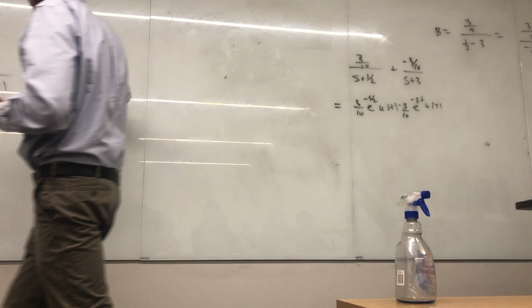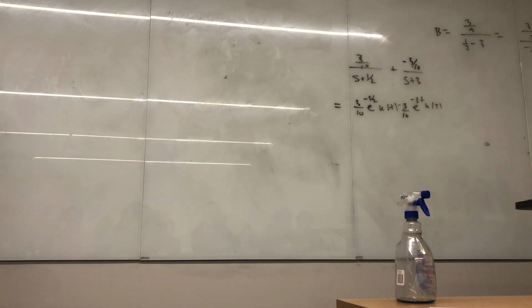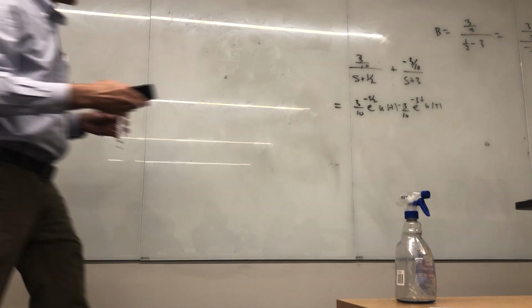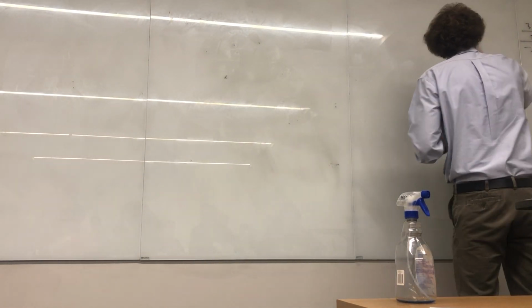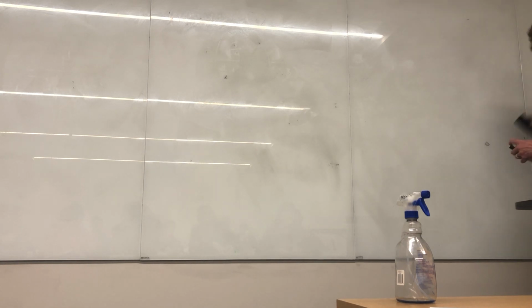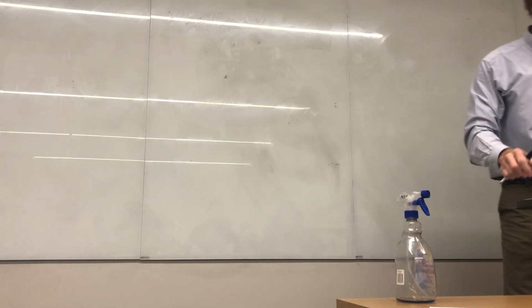The next one was easier in my opinion. It was a simple u of t function without any exponential multiplying as a source.